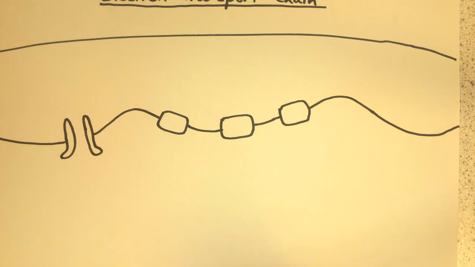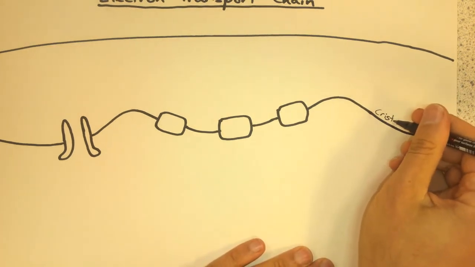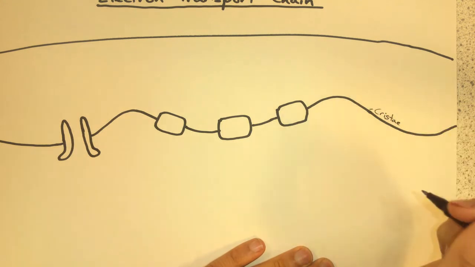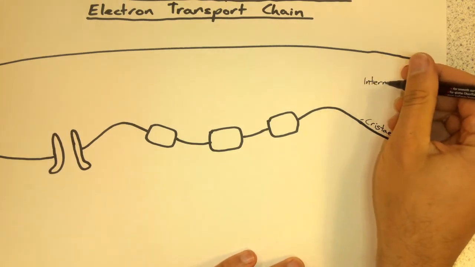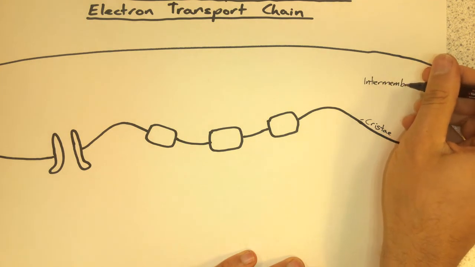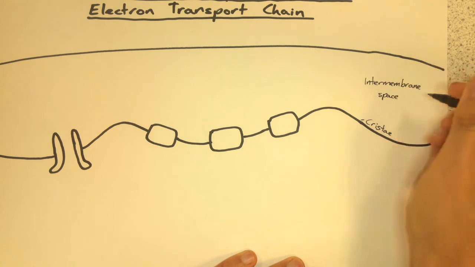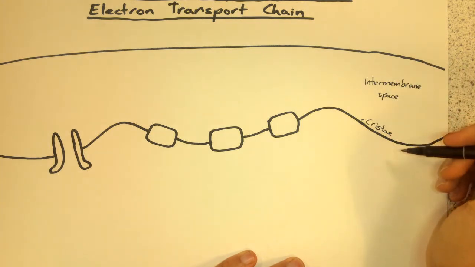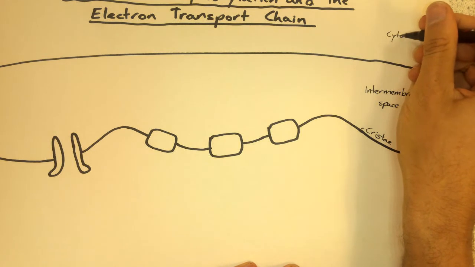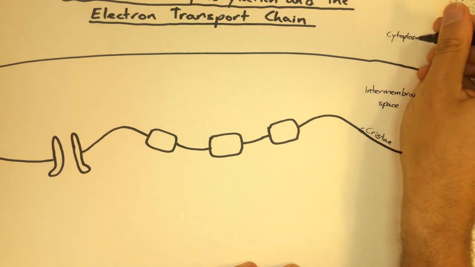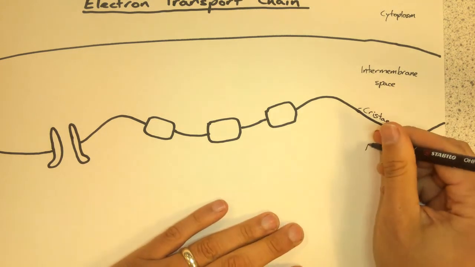So we have our cristae, the folds of the inner membrane, the intermembrane space, which is the space between the outer membrane and the inner membrane. Outside the mitochondria we have the cytoplasm, and within the middle of the mitochondria we have the matrix.